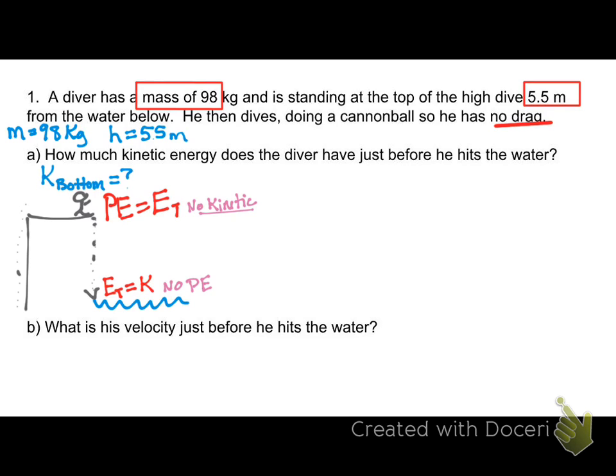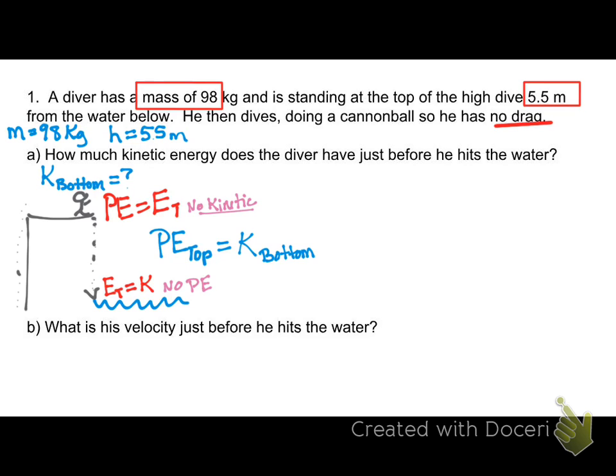So the big idea here that you have to understand in order to begin to answer this problem is, in this situation, the potential energy at the top is equal to the kinetic energy at the bottom. Because you were not moving at the top, your kinetic energy at the bottom is equal to the potential energy at the top, because the total energy never changes.